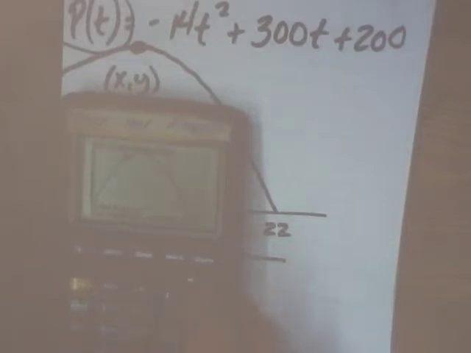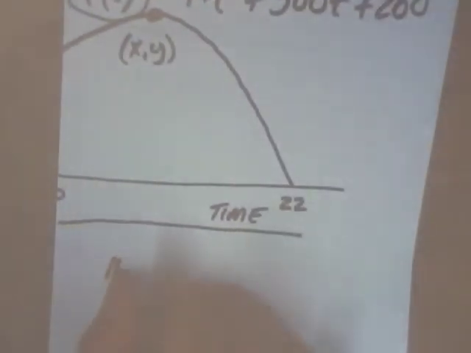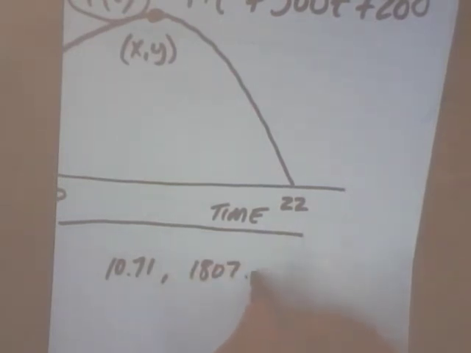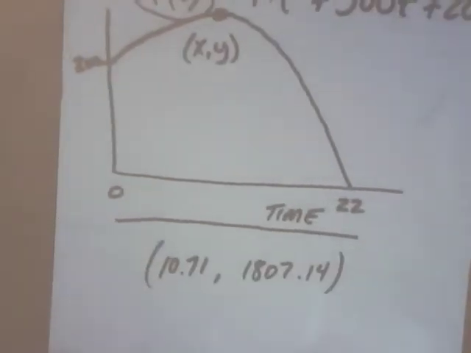Move the cursor over to the right-hand side. Hit enter, and then just hit enter on guess. And it says the maximum value is 10.71, comma, $18,007.14. All right, so what is our answer?